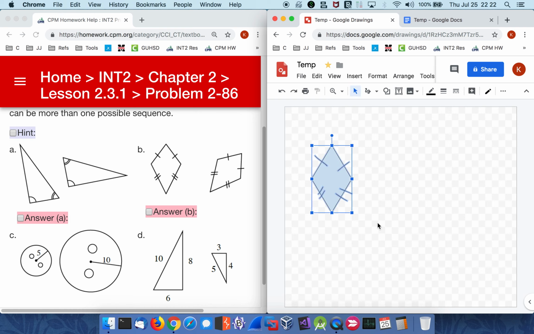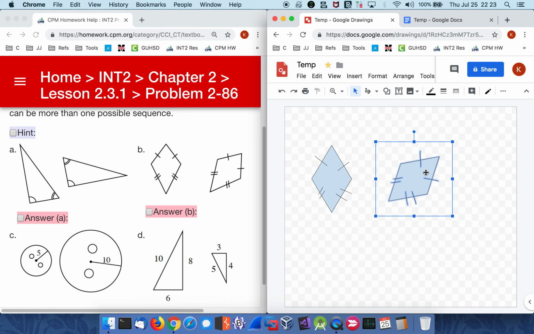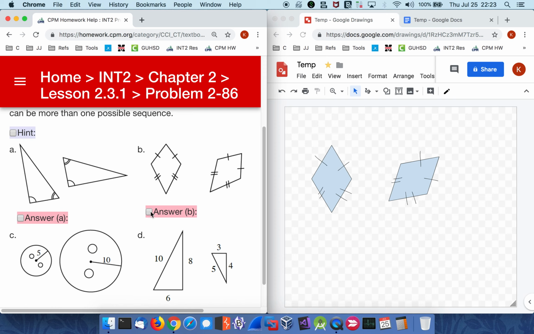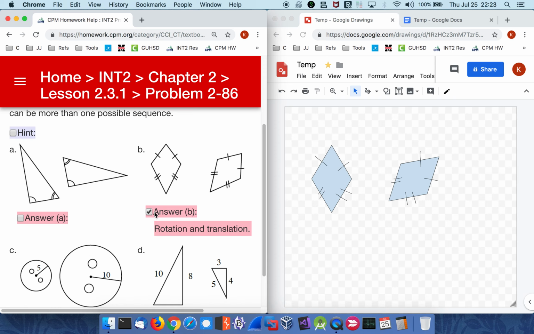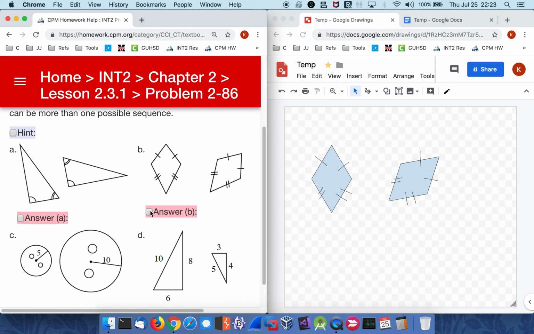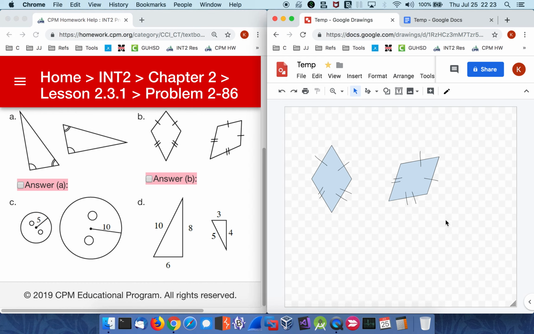Because if I take this thing and copy it and paste it and just rotate it and then move it over, so if I rotate and translate, then I get this one. So let's see if they want to go with rotate and translate. Rotate and translation. Boom. Done. Got it. I'm starting to get the hang of this now.